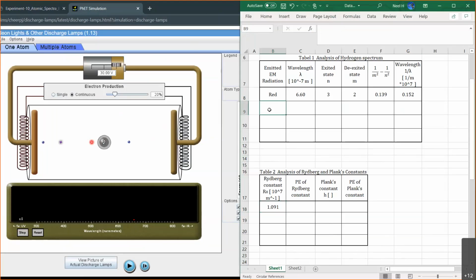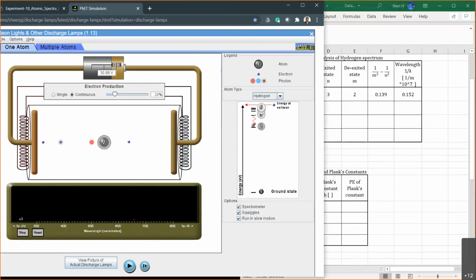So let's take a look at what other colors we can observe here. Let it run this one. Whenever you see the excitation go into a different state, it's better to stop and look at that state first. Now you can see it is on the 5th level. Actually, it is not on the 5th level, it is on the 4th level.